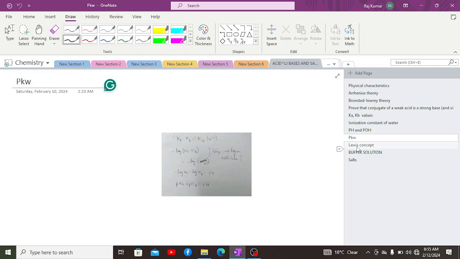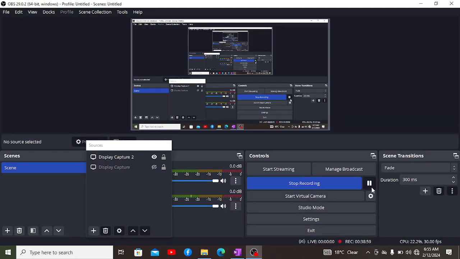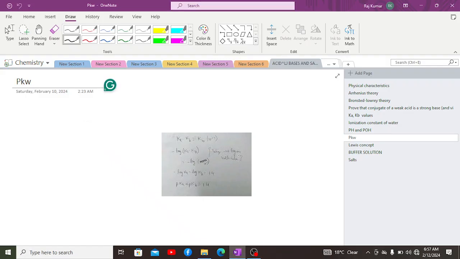Now another concept I would like to highlight is pKw. What is pKw? Previously we learned about Kw, the ionization product constant, or ionization constant of water. It is expressed as 1 into 10 power minus 14 mole per decimeter cube.